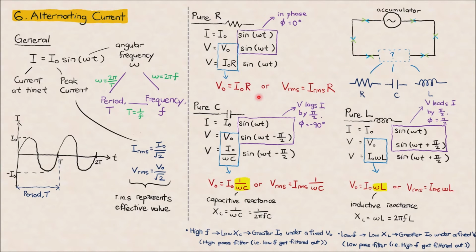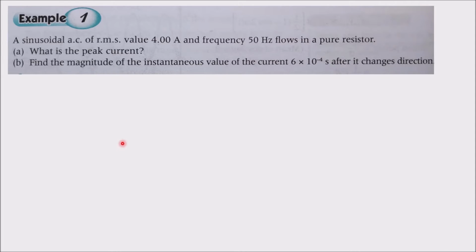So let's move on to a question to try and test this out. A sinusoidal AC of RMS value 4.00 ampere and frequency 50 Hz flows in a pure resistor. So you have a pure resistor, and there's an AC current flowing through it, and this AC current has a root mean square value of 4.00 ampere.